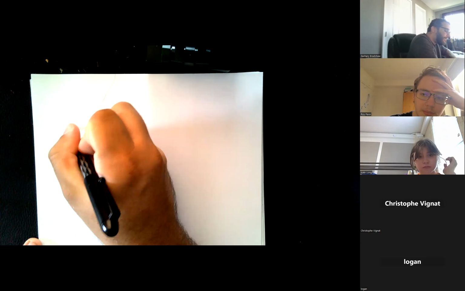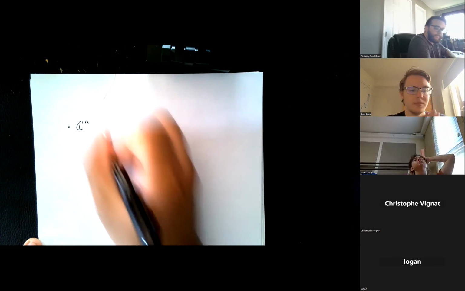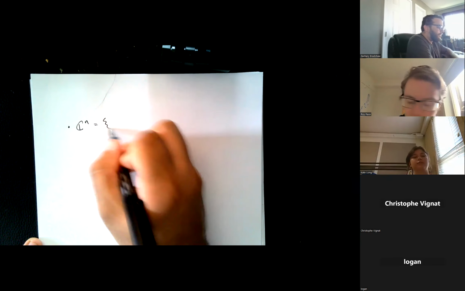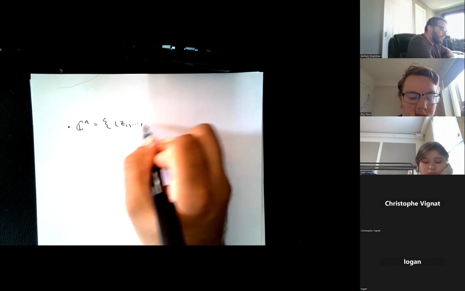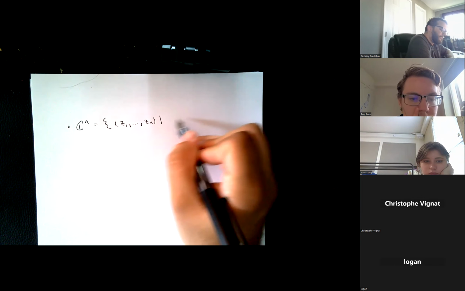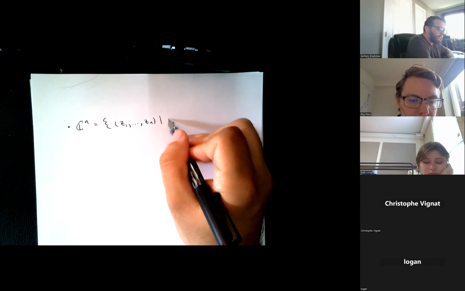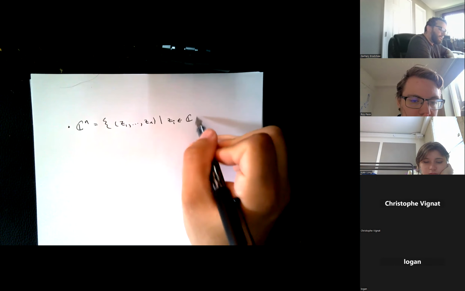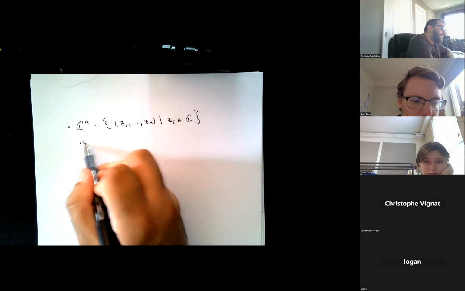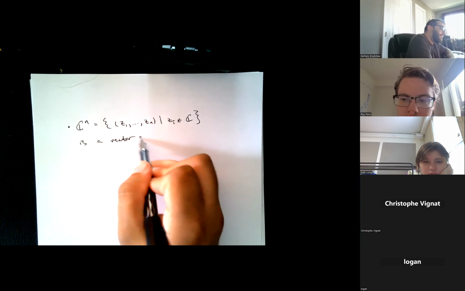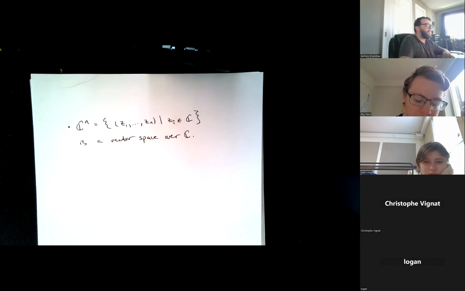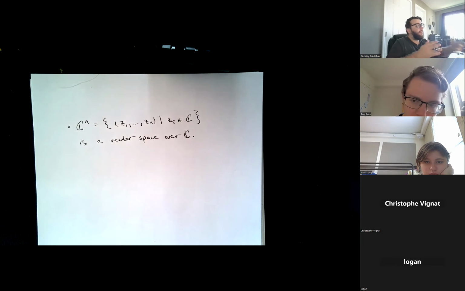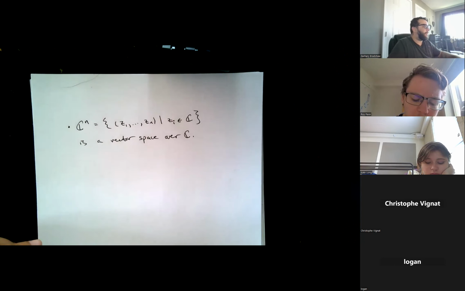Another example is Cn, which is a vector space over C. So you define the addition and multiplication the same way, just component-wise, just like we did before.